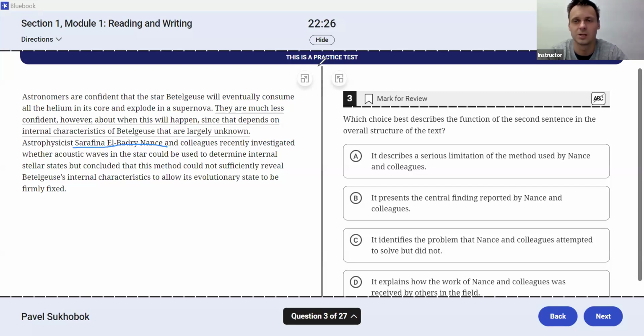So here it is. Here's my picture of what I'm visualizing when I read that sentence. Before I share it with you, keep in mind that we ultimately realized that the method of trying to investigate these acoustic waves in the star wasn't helpful at all. Therefore, this method doesn't seem like it's going to work. But before we get there, here's my picture.